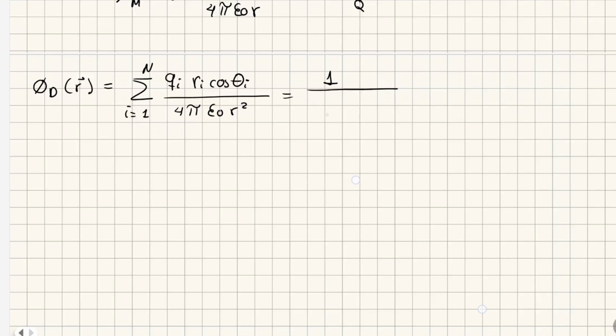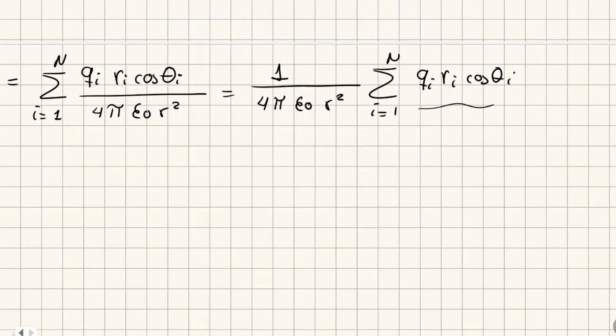So this is going to be 1 over 4 pi epsilon 0 r squared times the sum from i equals 1 up to n of qi ri cosine of theta i. This sum is going to be known as the dipole moment.